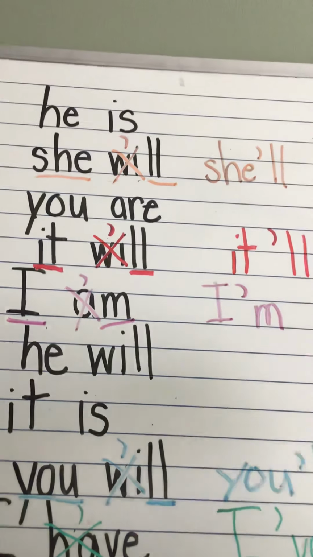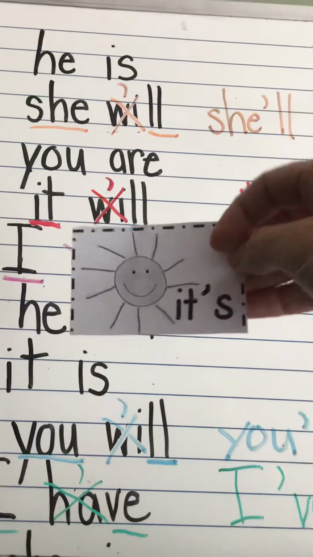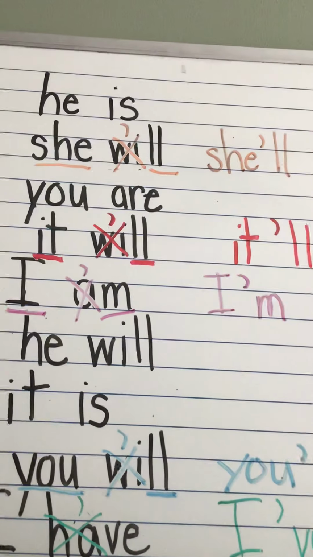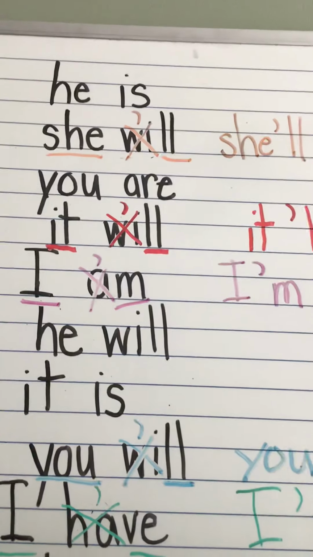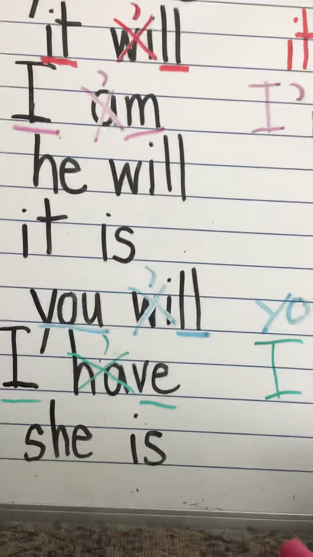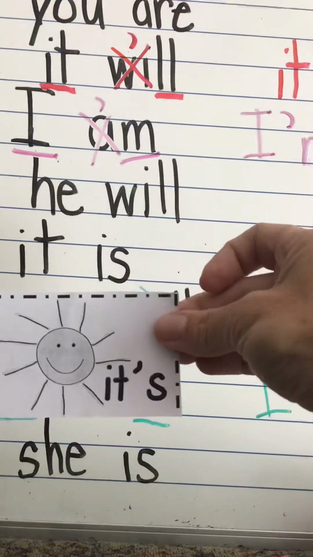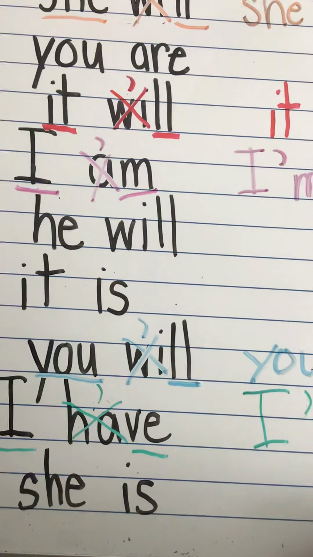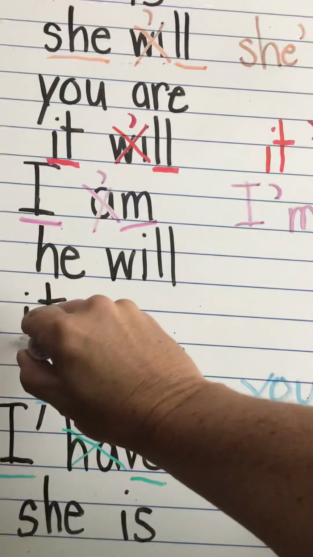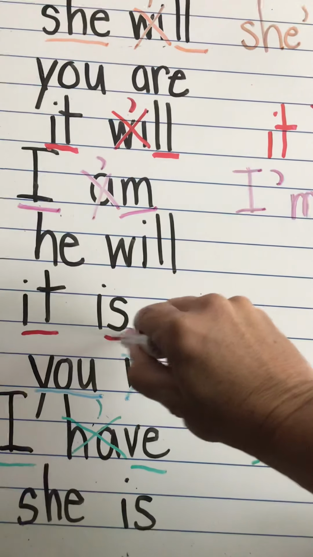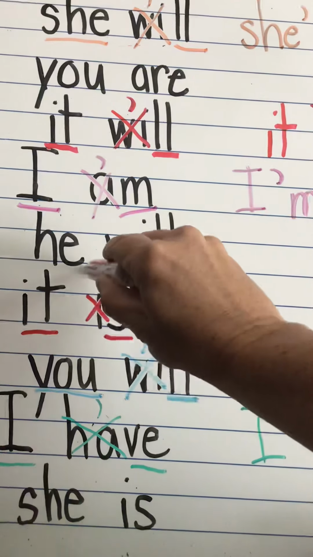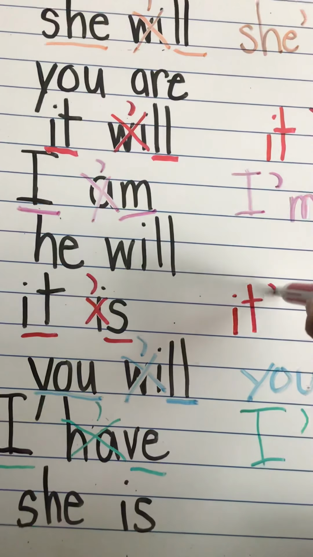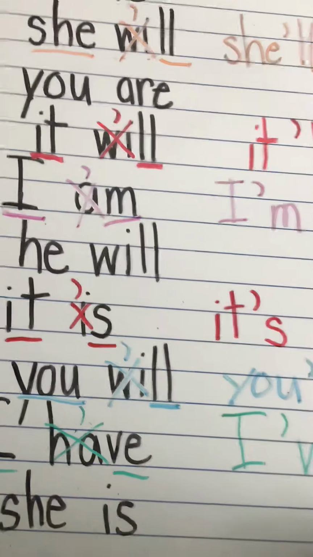Let's look at it's. I-T apostrophe S. So where do we see I-T at the beginning and S at the end? Right here. It is. We kept the I-T for it. We kept the S at the end. We got rid of that I and put an apostrophe in its place. It's means it is.